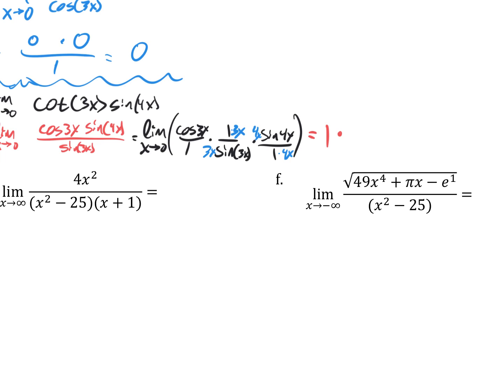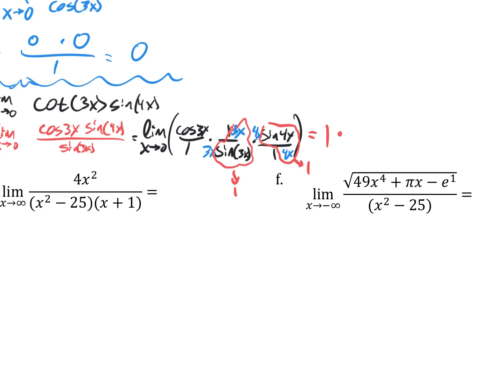Okay? And we have this bit right here. What is sine 3x over sine 3x going to? Well, that's going to 1. And what is sine 4x over 4x going to? Well, that's going to 1 also.